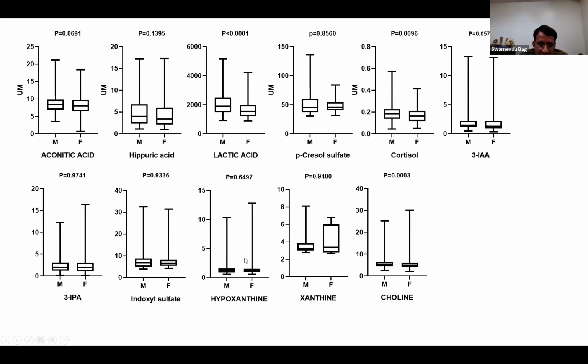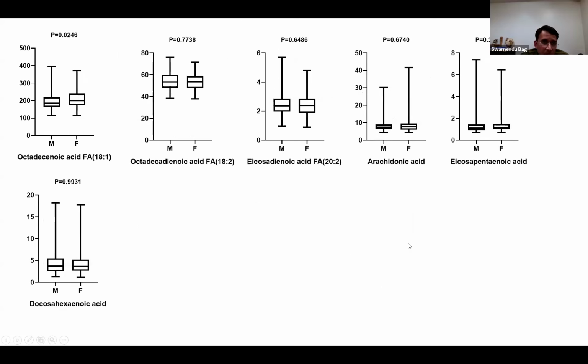And nucleic acid bases like hypoxanthine and xanthine, these two nucleic bases have no significant changes, but choline has significant changes, with male overexpression over female. And in case of fatty acids, we only show that fatty acids do not show any significant changes.